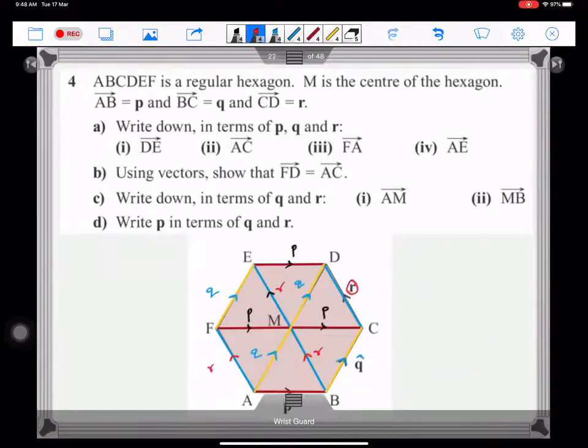This was the first page that we started with, the first page of this question, where we labeled all the angles.